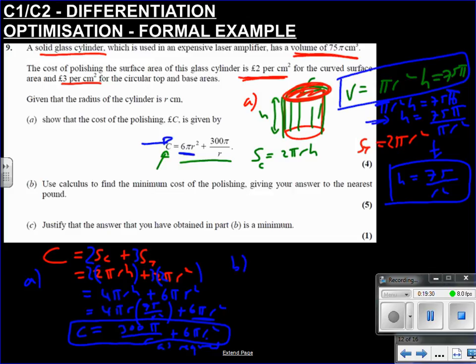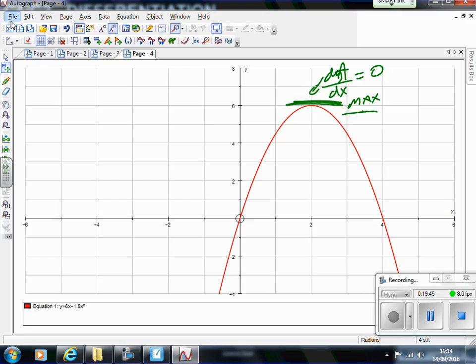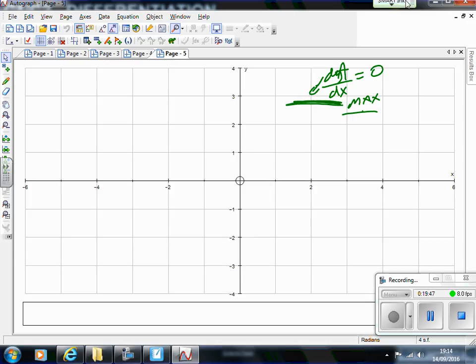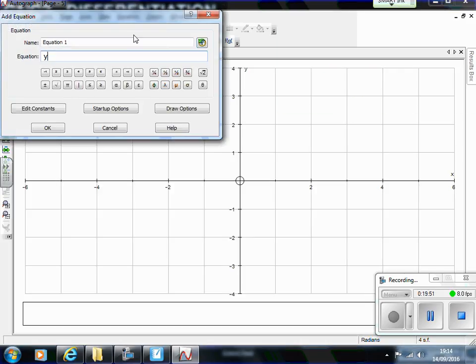Part B, use calculus to find the minimum cost of the polishing given your answer to the nearest pound. So again, if we drew this as a graph, so just really trying to emphasize that all this stuff is linked to graphs and finding stationary points in graphs.